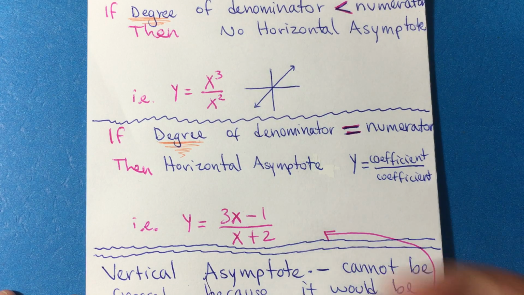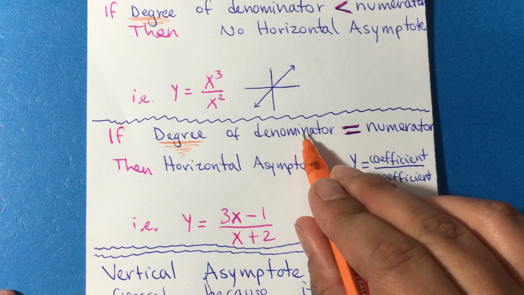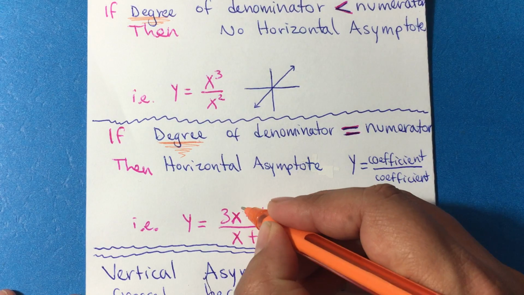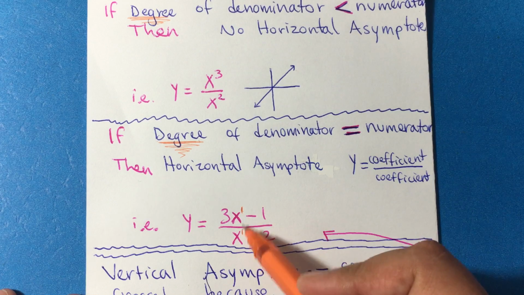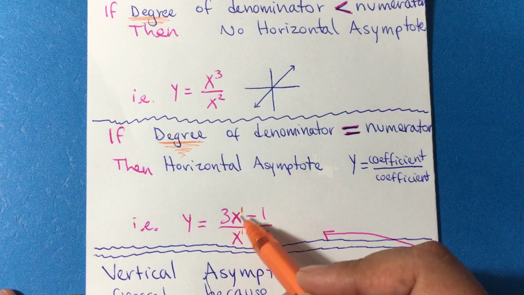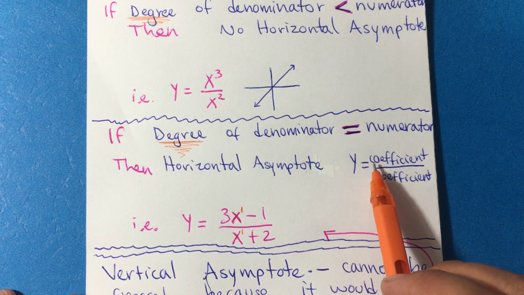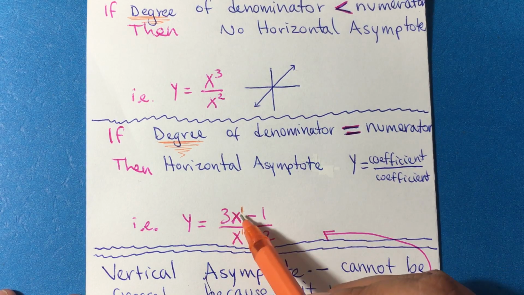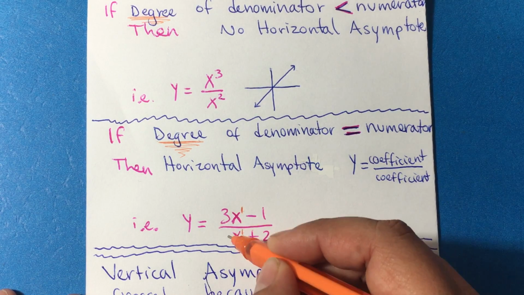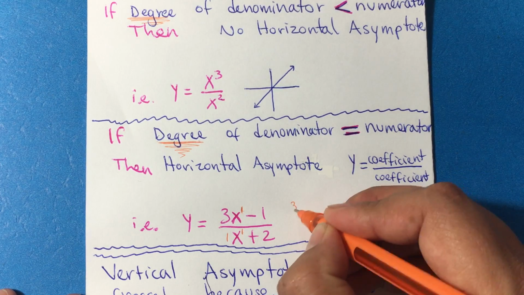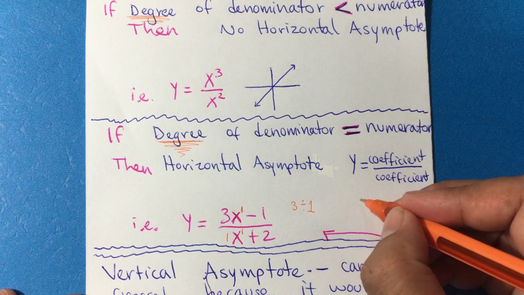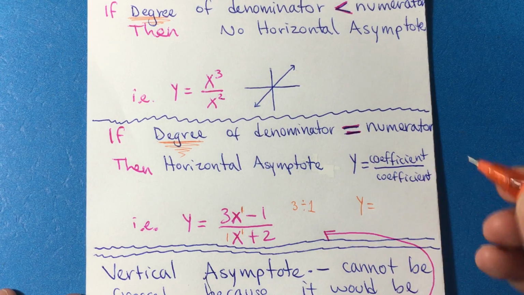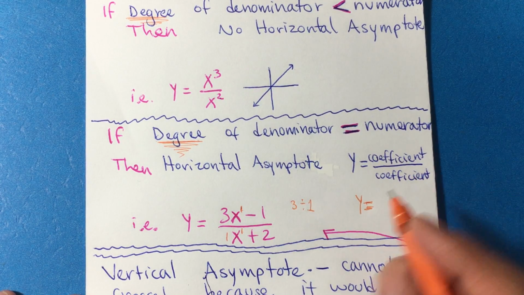So watch here, the denominator and the numerator both have degree 1. When the degree is the same, all you have to do is divide the coefficients of the variable. In this case, we divide 3 by 1, and that gives me the answer for the horizontal asymptote.